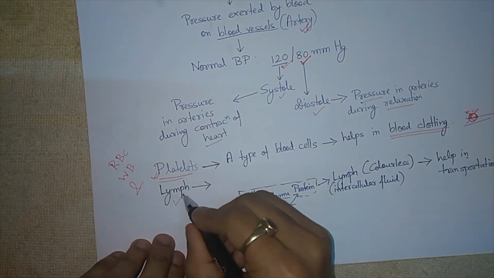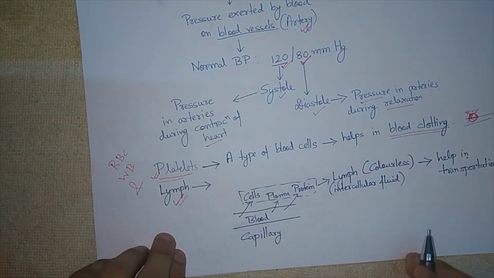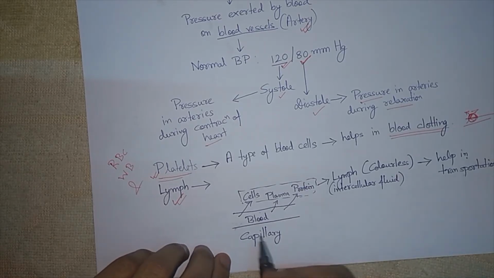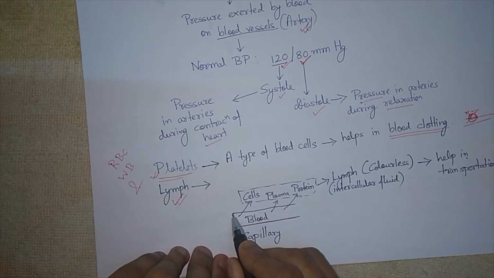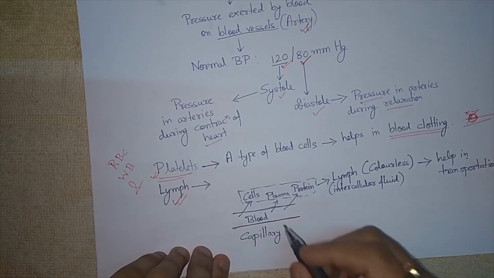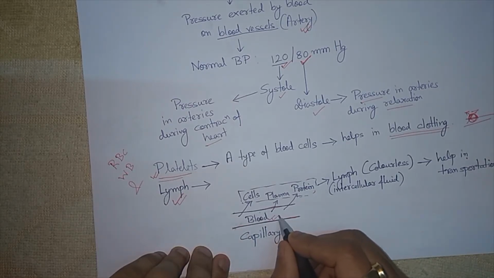Now we have another liquid in our body known as lymph. Lymph is nothing but a part of blood. How? This is a capillary, a blood vessel, not the artery or vein. These are the finer branches. Capillaries have blood inside them.